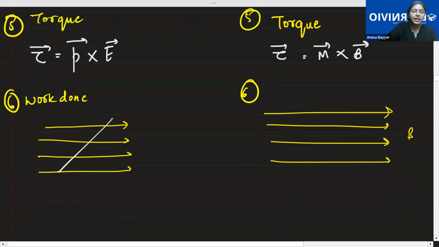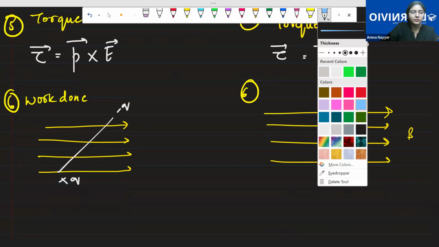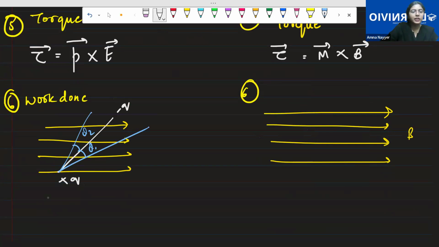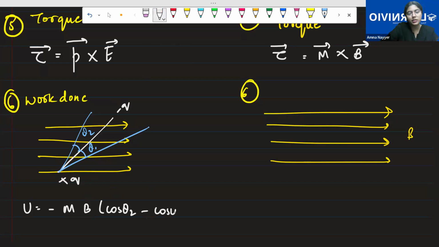Last is the work done. Work done means, let's say we have a dipole. Plus Q is there, minus Q is there. When this rotates, let's say this is some theta 1, this is some theta 2. So here the work done that we have studied was minus mB, cos theta 2 minus cos theta 1.